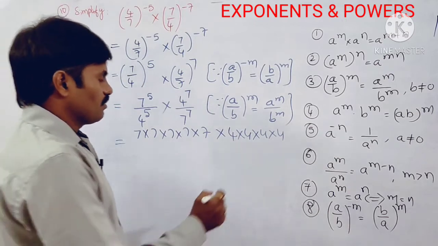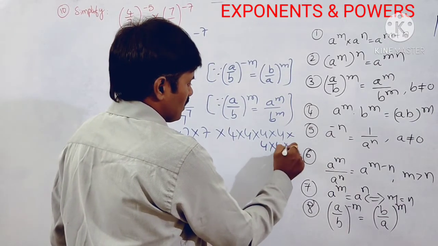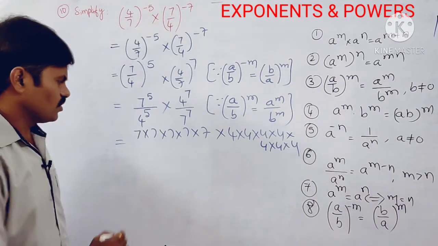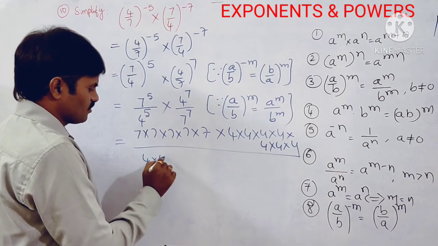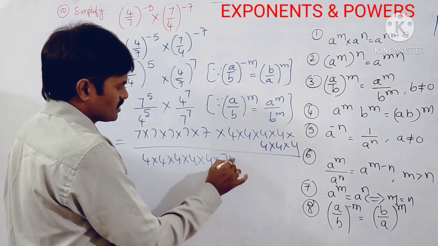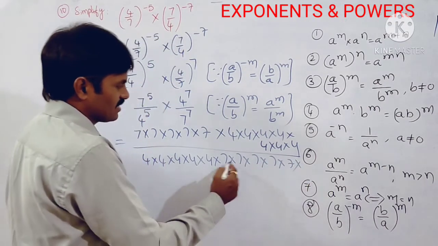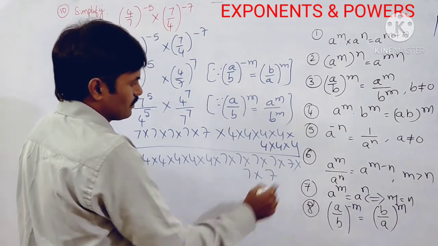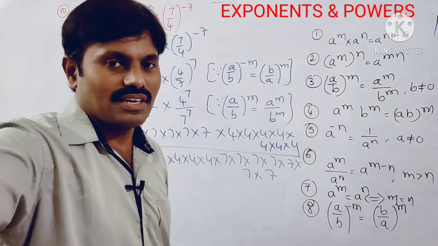If you are unable to solve this problem by applying the formula, you can go through this method also. And 4^5 is 4 multiplied 5 times, and 7^7 is 7 multiplied 7 times.